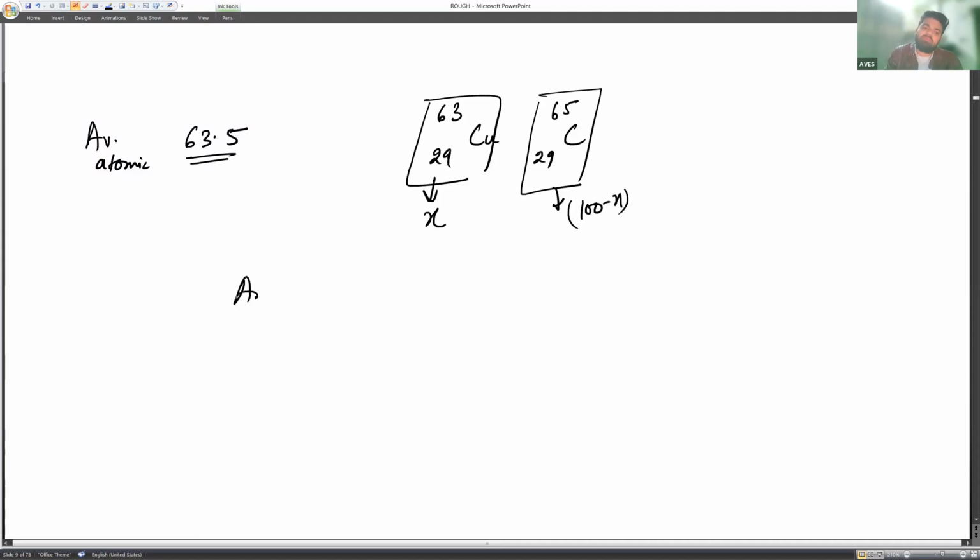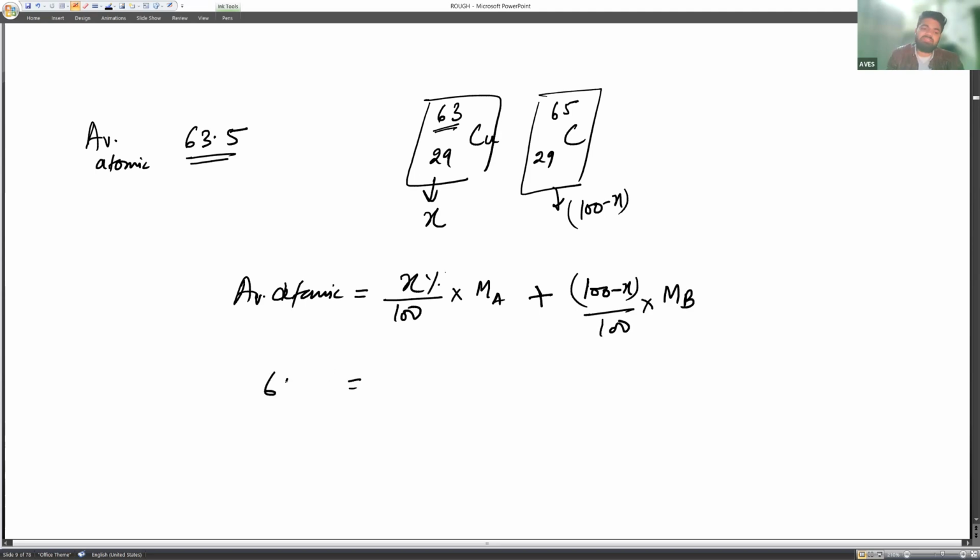The formula of average atomic mass is the mass percentage of the first element, divided by 100 to remove the percent sign, into the mass of the first isotope, plus the mass percentage of the second element, 100 minus X, upon 100 into the mass of the second isotope.